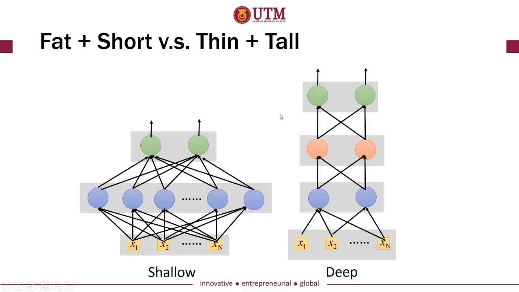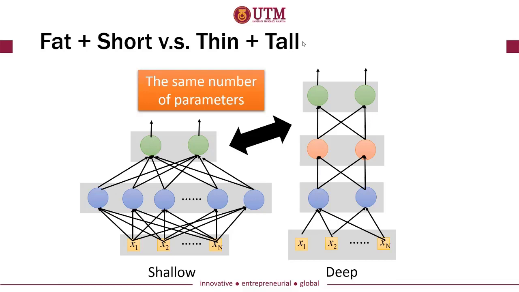Okay, so now let's see what actually happens in terms of performance if you compare this shallow network and this deep neural network. Assume that you have the same number of parameters, meaning that the number of W in both architectures is similar.